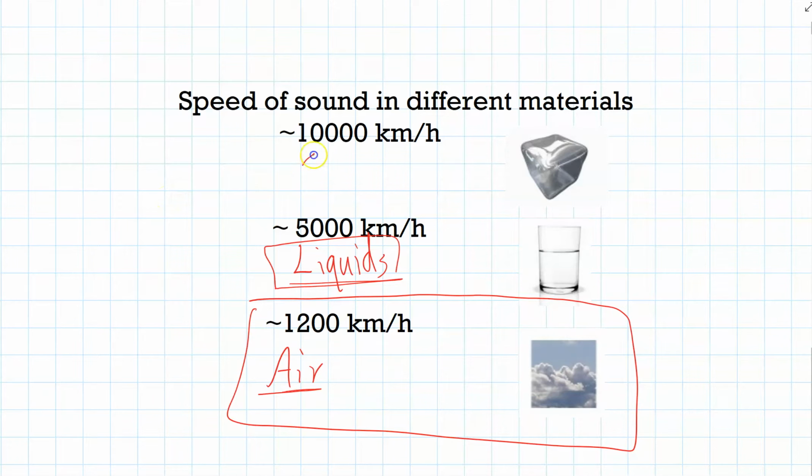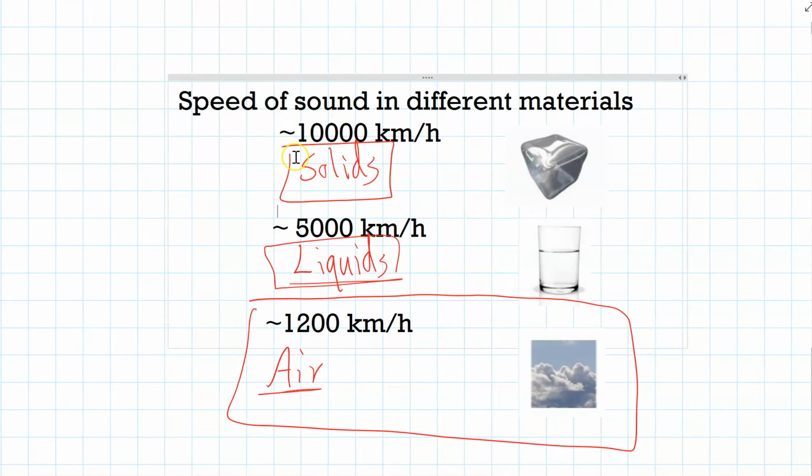And then in solids, it's even faster again. So this is just an average. But on average, sound goes through a solid material at about 10,000 kilometers an hour. Way faster.